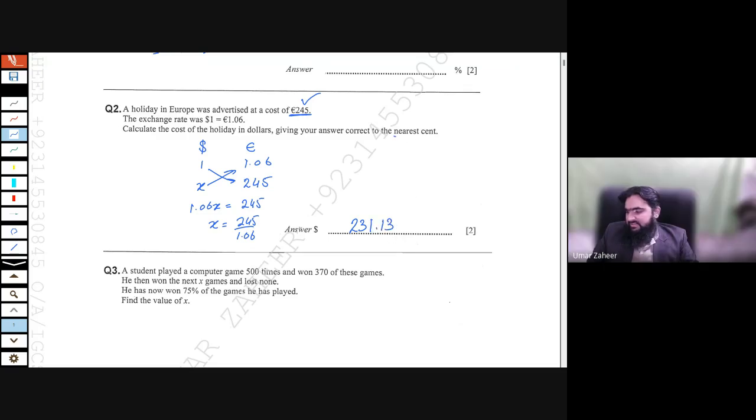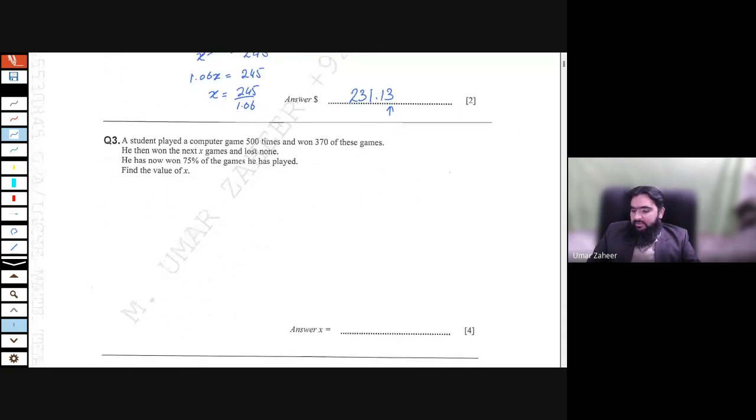He says to the nearest cent, so obviously up to the second decimal place you have cents, because $1 is equal to 100 cents. We have to move up to the hundredth place, two places on the right side. All right, now the next question.